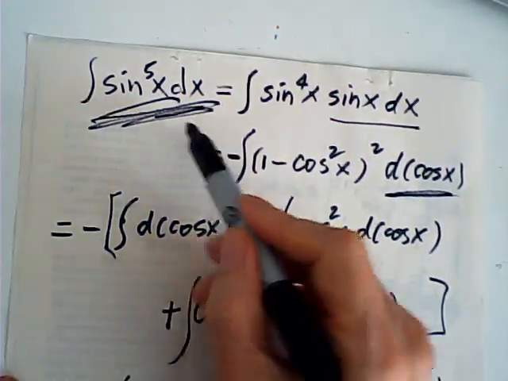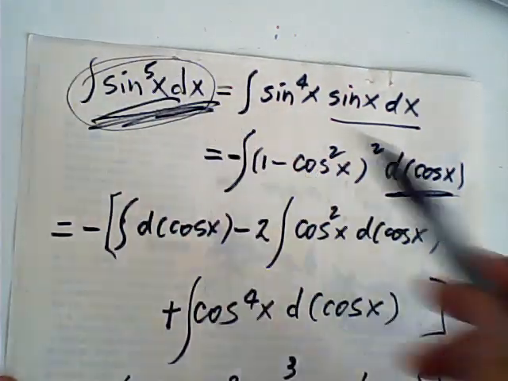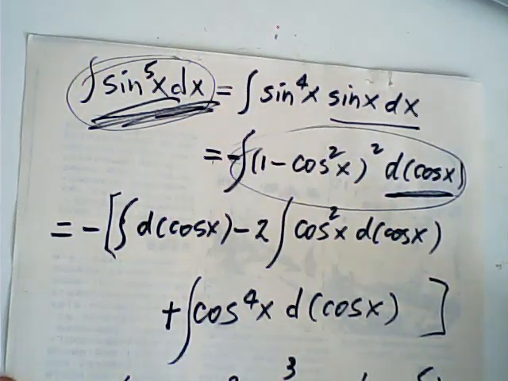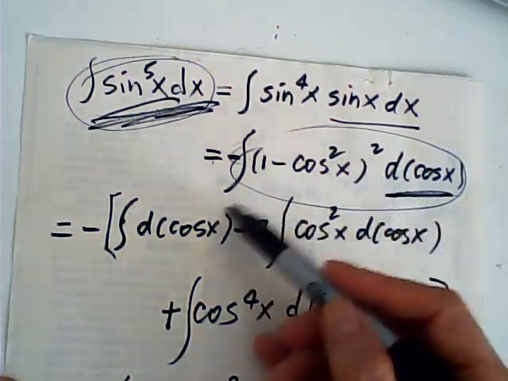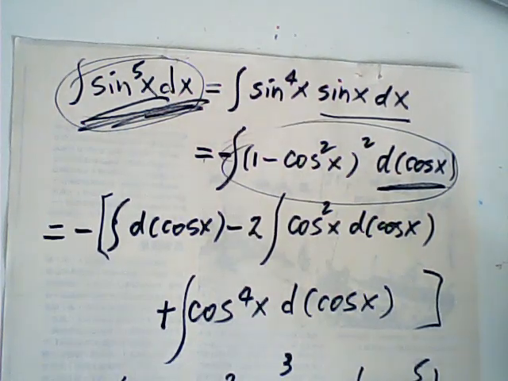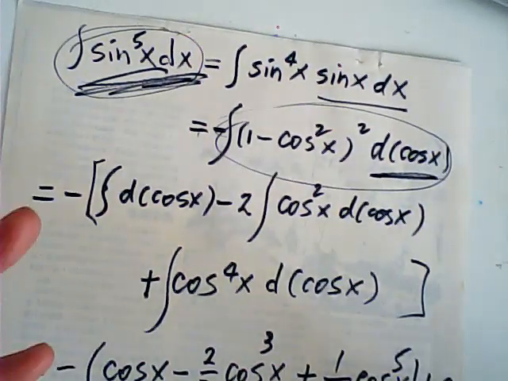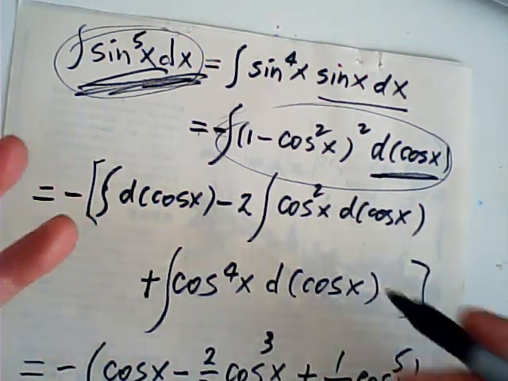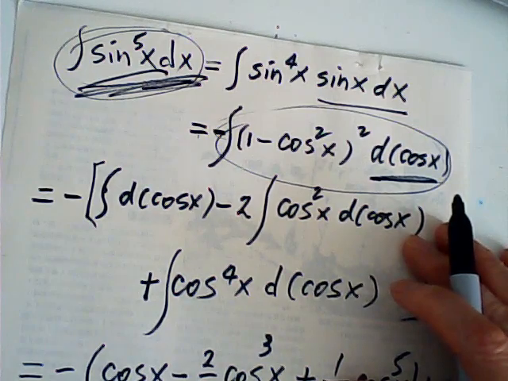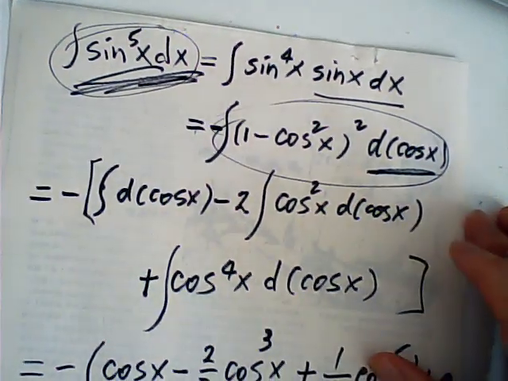So here I'm dealing with x, here I'm dealing with cosine x. So there are no longer trig functions. These are polynomials. So I think this is a very, very important, very good training for basic function in trig functions.